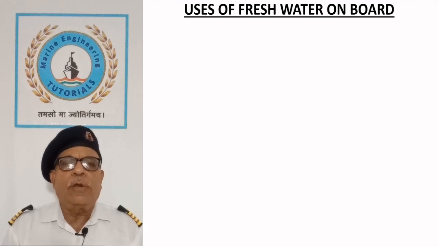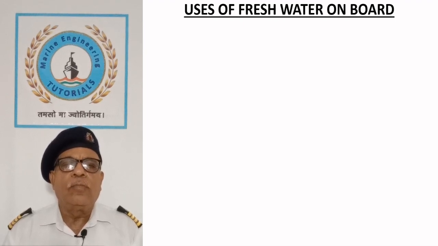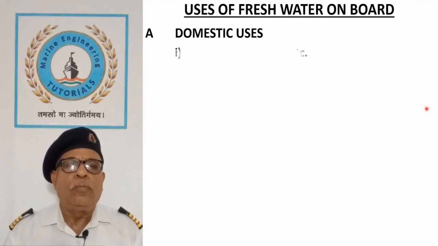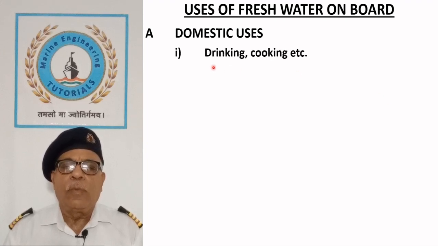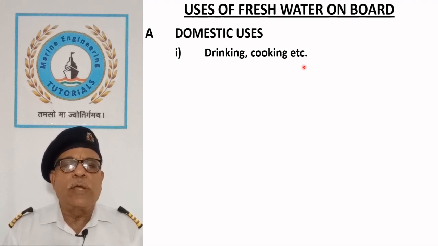Uses of freshwater on board. Freshwater on board ships is a scarce but essential commodity and used for the following purposes. Domestic uses. Freshwater is used on ships for following domestic purposes. Freshwater is used for drinking and cooking food.